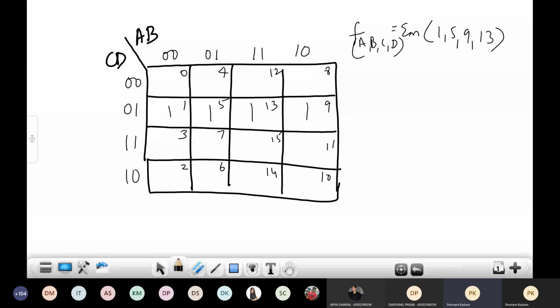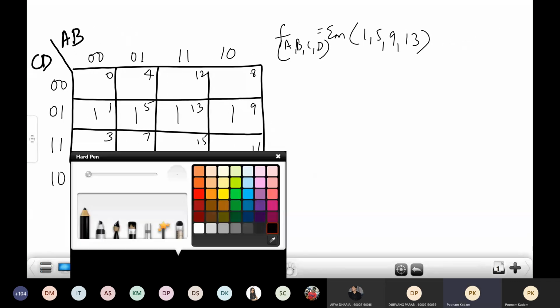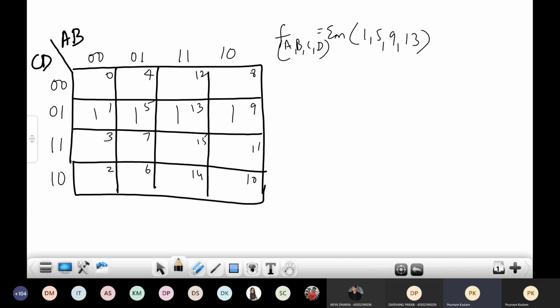If we solve it using Boolean algebra theorems, let me show you that here so that we can relate it with this K-map. It's a four variable function, so four variables will be there in the product term.